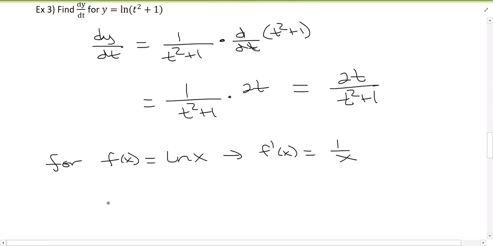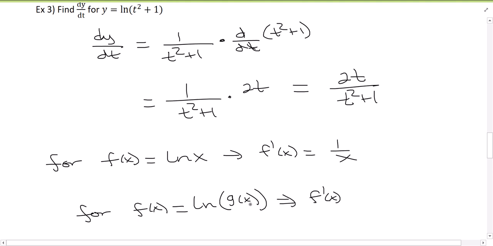But then if you have, let's say, f of x equals ln of g of x, then the derivative is 1 over the stuff, so 1 over g of x times the derivative of g of x. So we're just going to write it on the numerator: g prime, the derivative of the inside, in the numerator, and then whatever the inside is in the denominator.